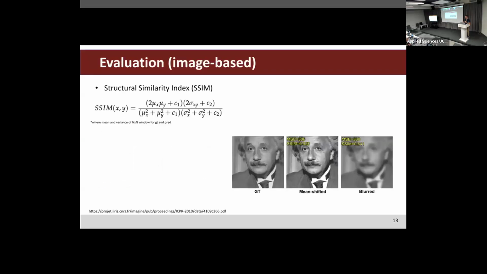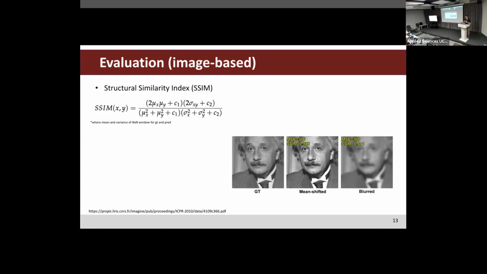And for evaluating our experiments, we use three types of metrics. First is image-based. It calculates statistics directly on the pixel information level. So we have window or patch statistics, which we compare across two images.